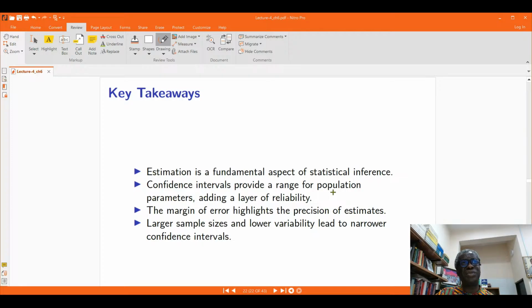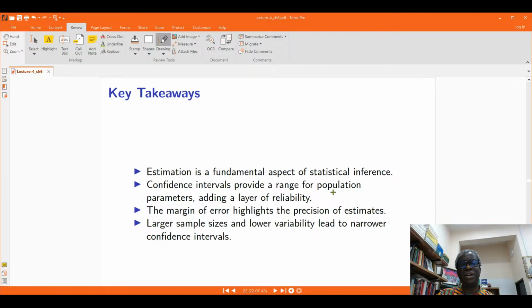You use the sample data to estimate the population quantity. We have also learned about confidence intervals as a range of values within which the population parameter is expected to lie. And it offers more reliability than a point estimate.